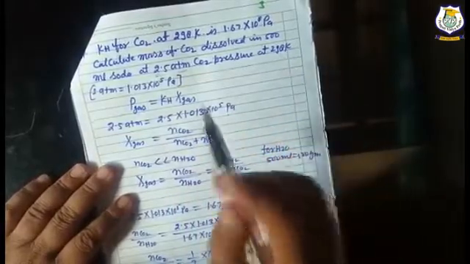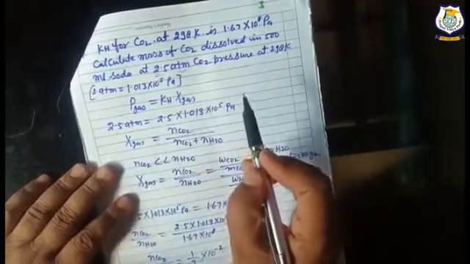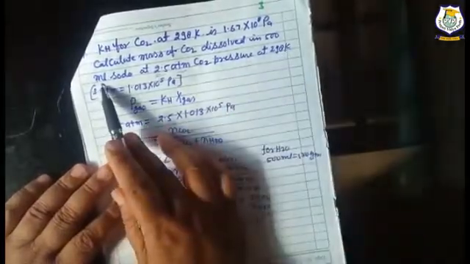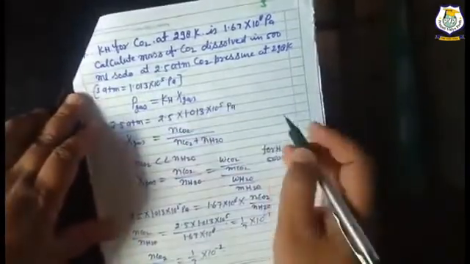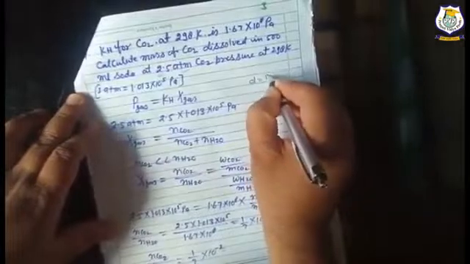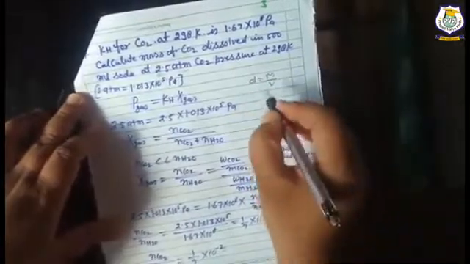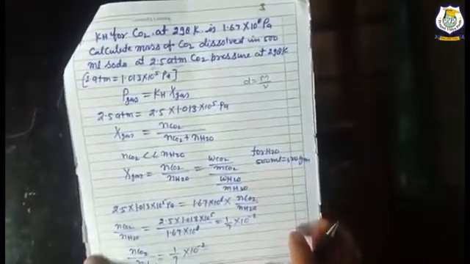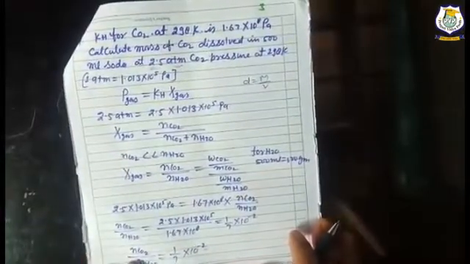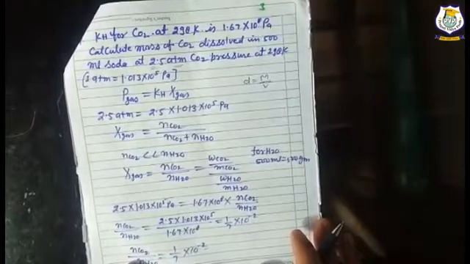In this numerical, the volume of the water is given. In case of water, the density D equals m upon V, and the density equals 1. Therefore, the volume is equal to the mass.